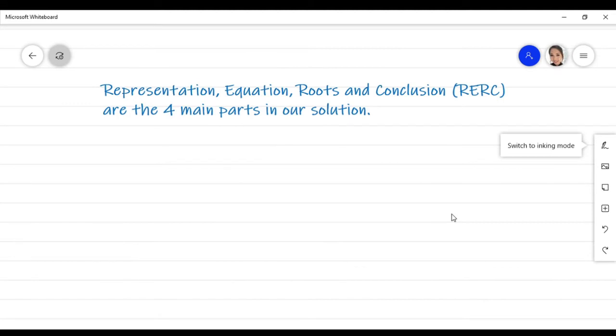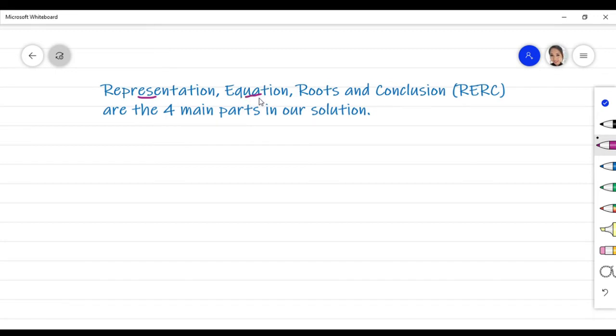Since we are dealing with word problems, it is important that we follow some order in our solution. So we learned that we have to write the given first. So given falls on representation. So let's represent mathematically what are the given in the problem. Then afterwards, we will figure out the equation.